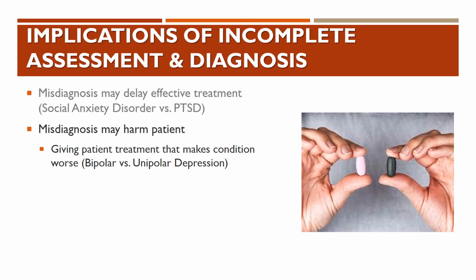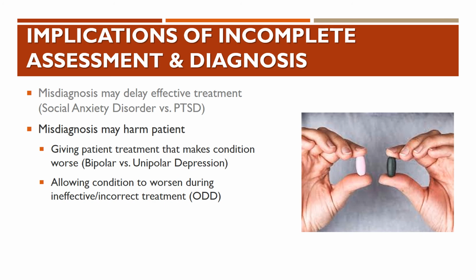In other words, individuals with bipolar depression shouldn't be prescribed an SSRI or an SNRI, an antidepressant. They should be prescribed a mood stabilizer. So when we don't make a correct diagnosis, we may give them the wrong medication, for example, and that can create problems.